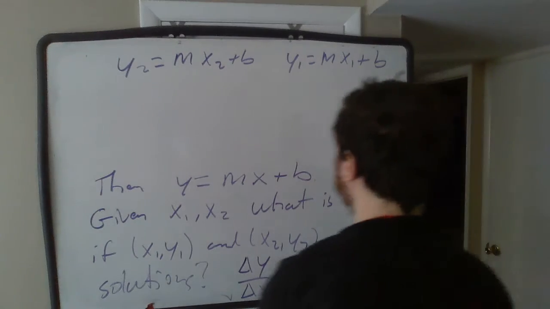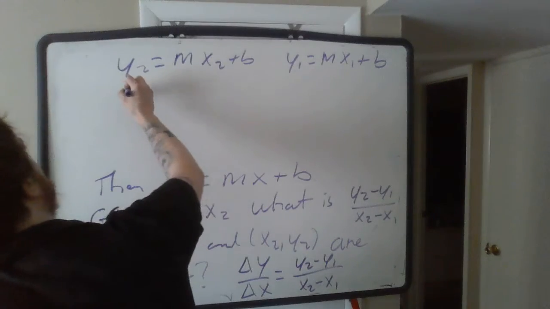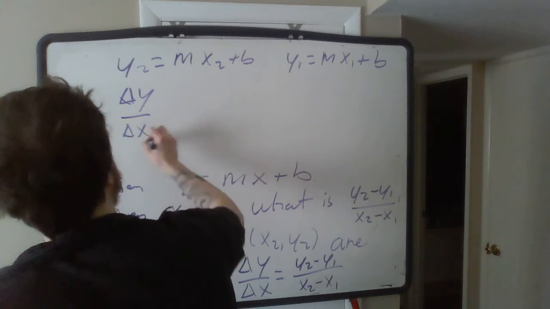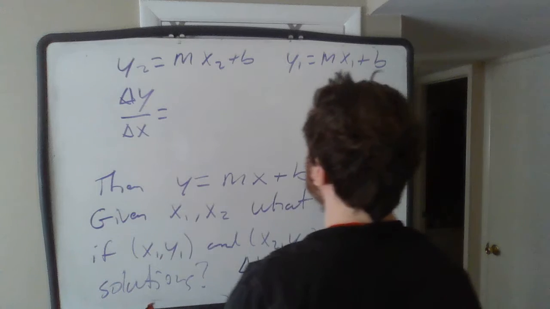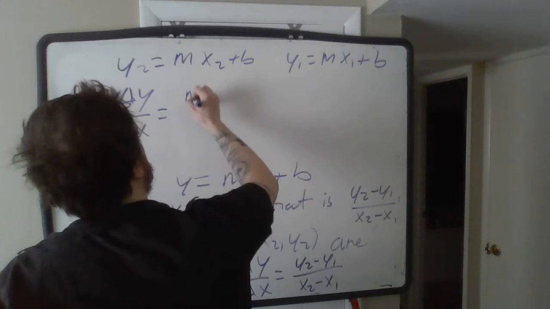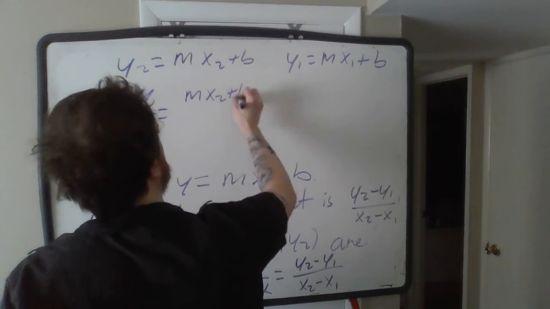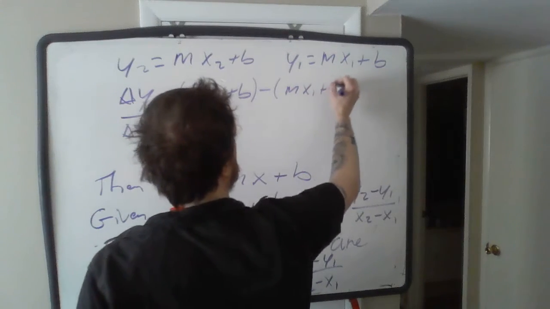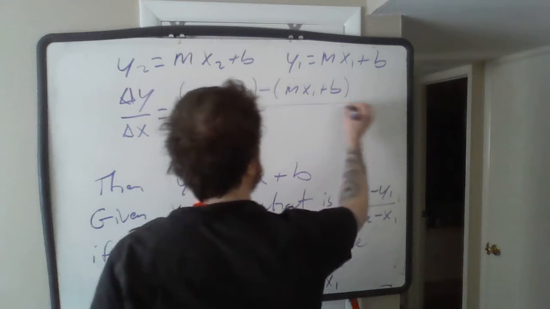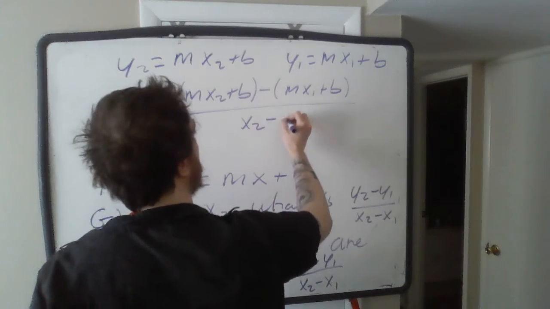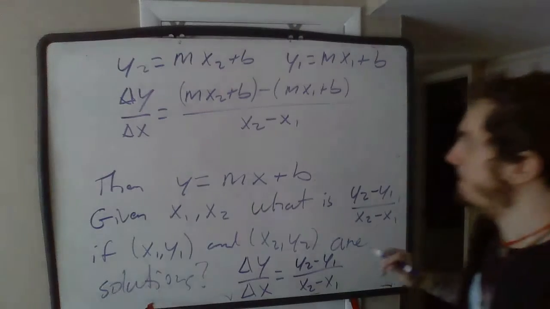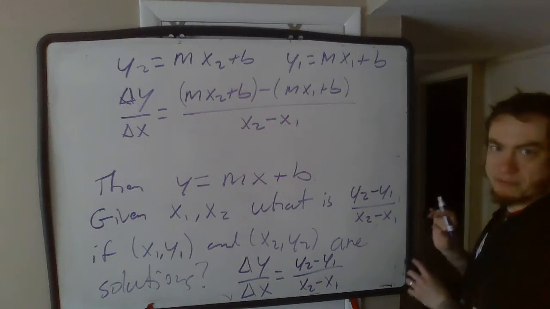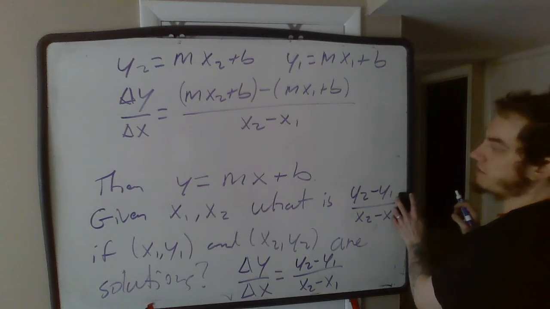Well, it means that if I write down this change in y, delta y divided by delta x, this is going to be equal to (m times x2 plus b) minus (m times x1 plus b), and all of this is going to be divided by x2 minus x1. I'm going to erase this stuff too. I hope you guys have it down for notes. Otherwise, pause this. Make sure you have this written down.